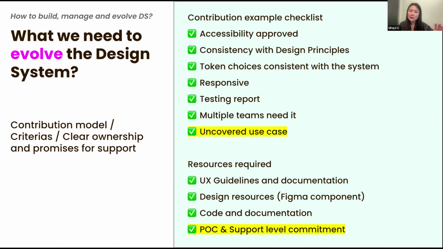And lastly, but the most important thing, is that we need to communicate with the contributor about what support level they offer, and we need to clearly document that ownership, because clear ownership and support level are super important to avoid confusion and ensure everything is well maintained. When something breaks, we need to be able to immediately find this owner and have them committed to fix it.